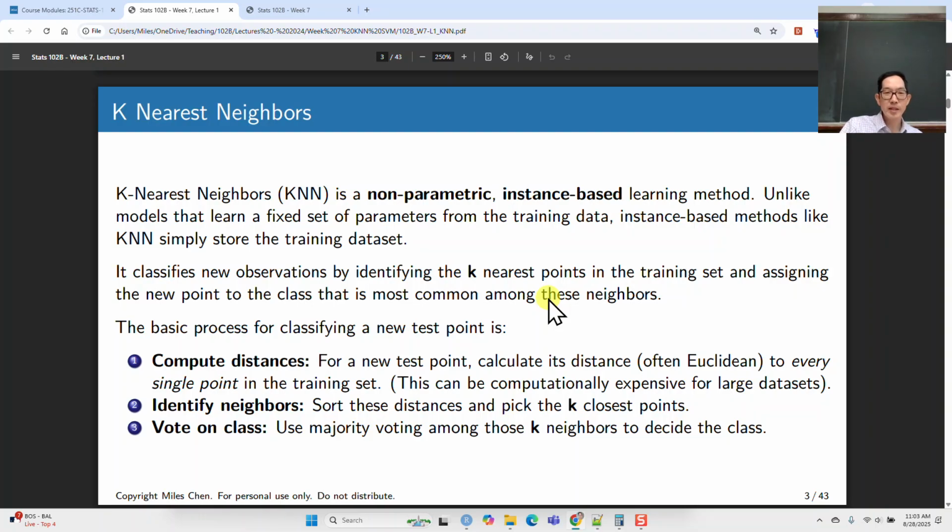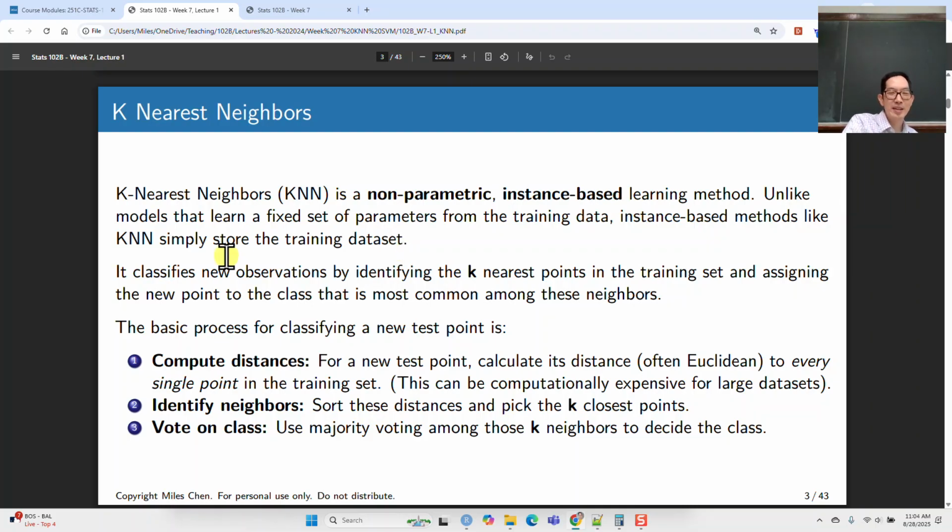The instance-based part is that it's going to be based on the values that appear in your data and the value of your test case. It just stores all of the training data set. So one of the biggest disadvantages of KNN is that if you have a big training data set, the KNN model is very slow and cumbersome.